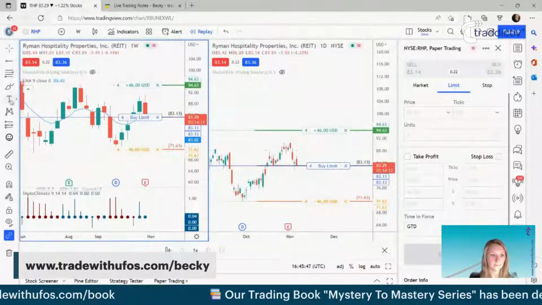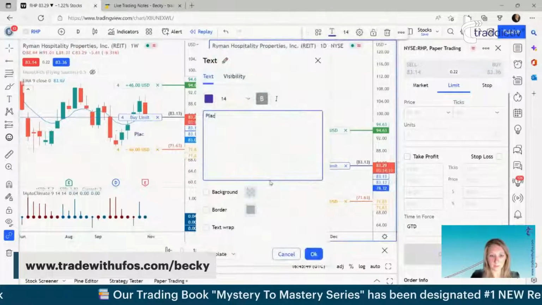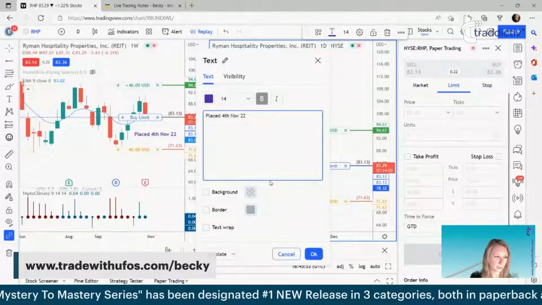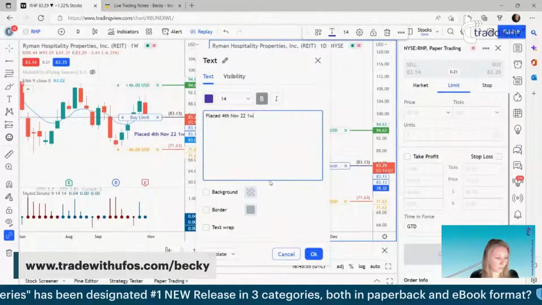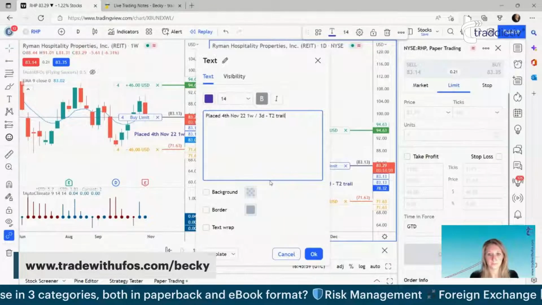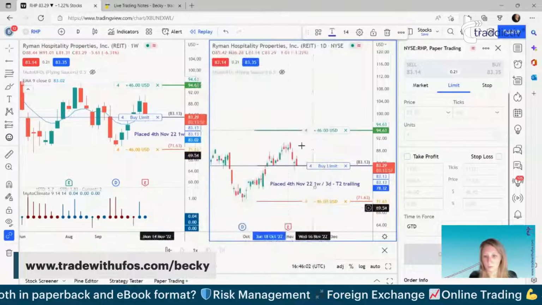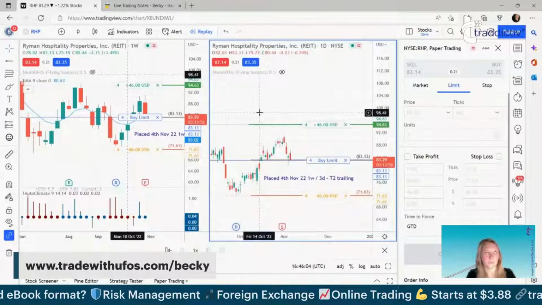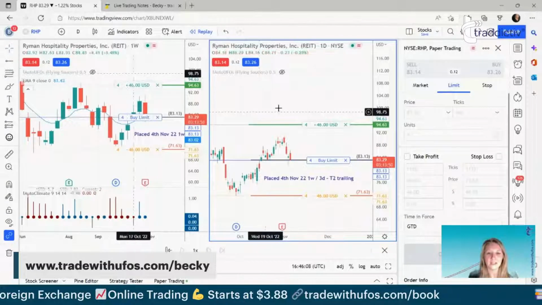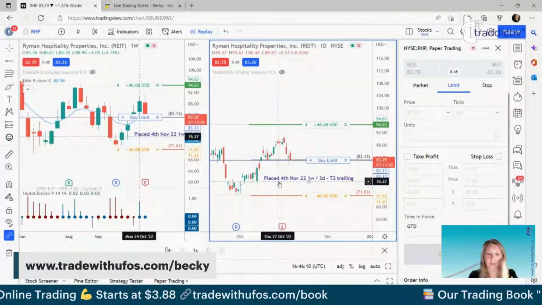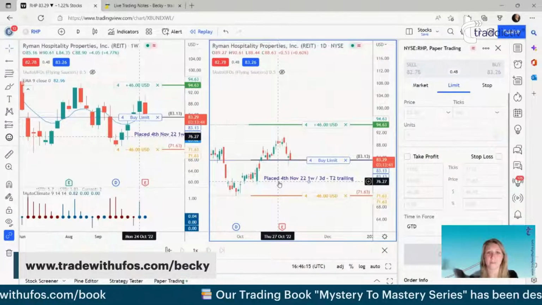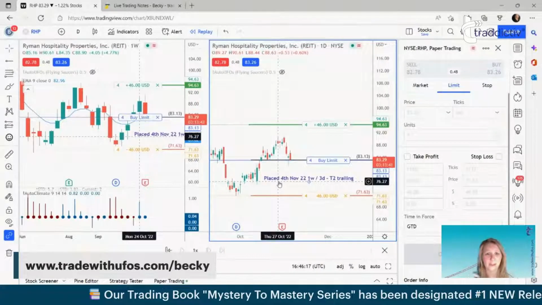Again, this is where things like this become important to place notes. So placed on the 4th of November 2022, it was a 1 week, 3 days. And in this case, target 2 was trailing. Because if I come back to this in a few weeks' time, or next trading day, and I've placed loads of trades, and maybe I'm also trading Forex, and I'm also working, you might be with your families or busy.